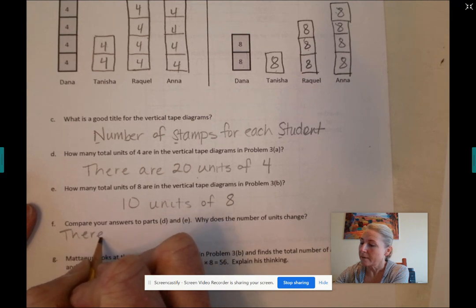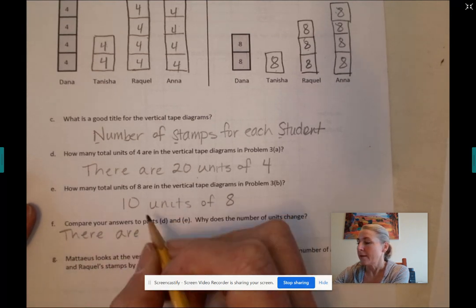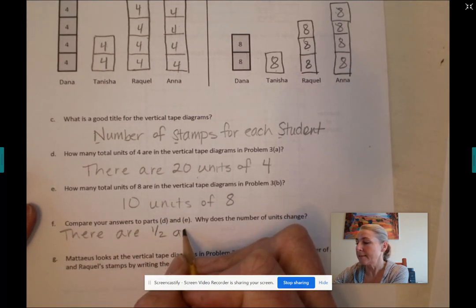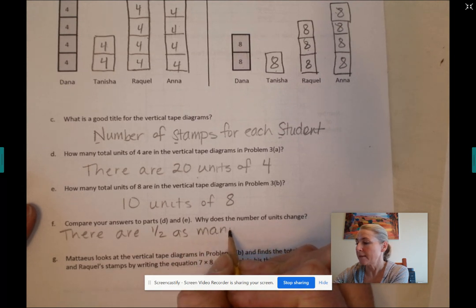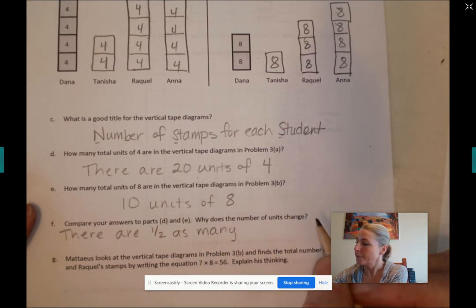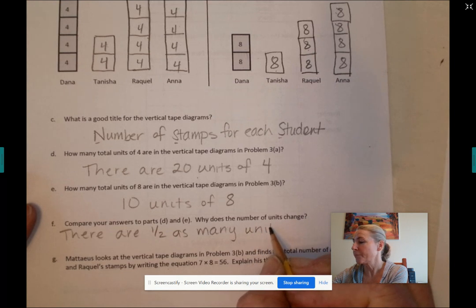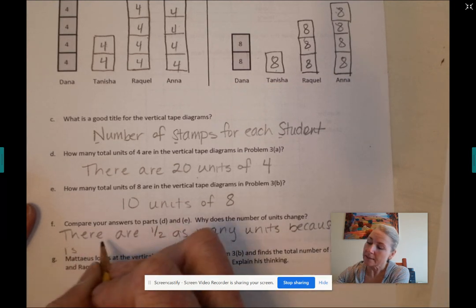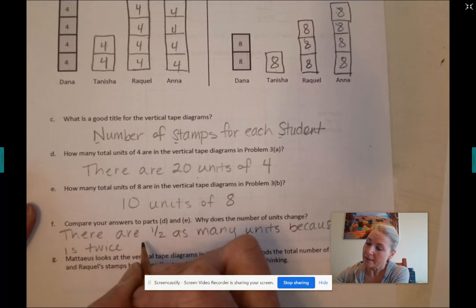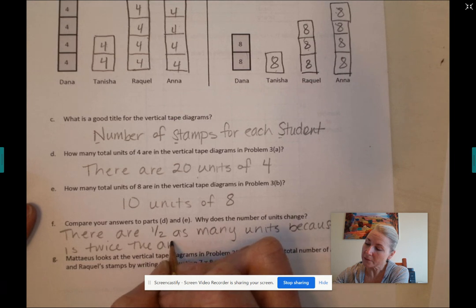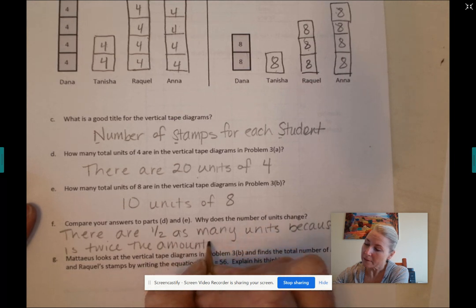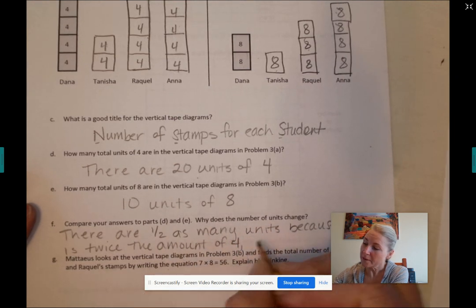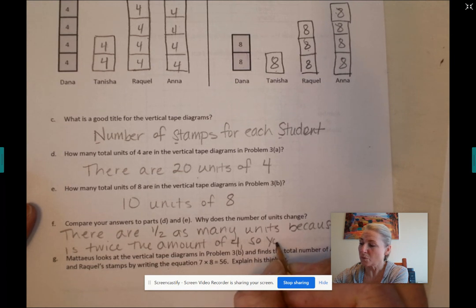There are half as many units because 8 is twice the amount of 4. So you need half of them.